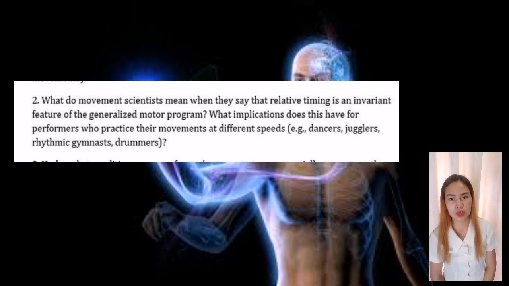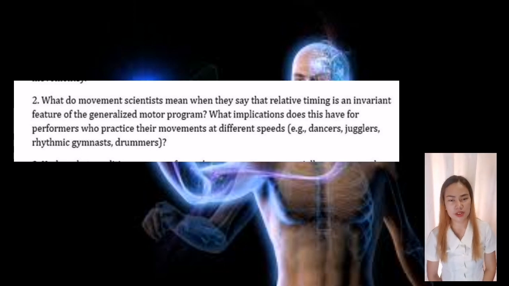Changing the absolute timing parameter results in slower movements that could be considered stretched copies of faster movements. In this example, we see that relative timing doesn't change with the speed of a movement, but the absolute timing does.